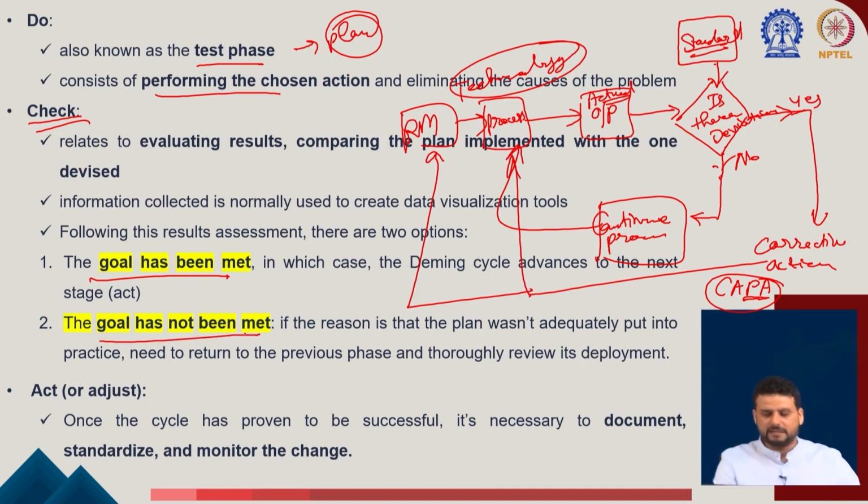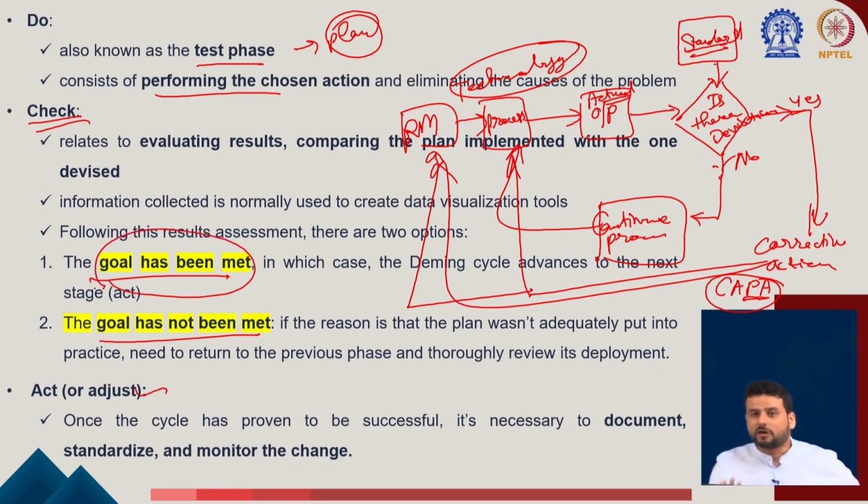If it is not met, again we need to change, we will take that feedback, we will take the corrective action, and then either we will change the raw material or we will change the process, or we will change the technology, right. Act. So, in the end, if your goal is met, we need to act accordingly in future as well. So, that means we need to sustain that procedure for the other employees as well, because they may be feeling in the same way.